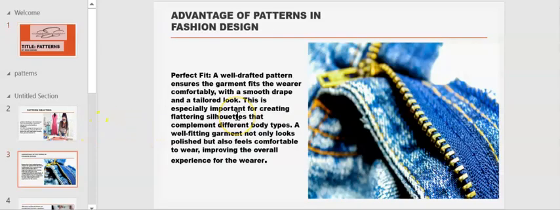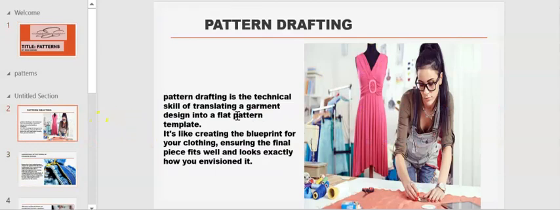So what do we say? What is pattern drafting? Pattern drafting is the technical skill of translating a garment design into a flat pattern template. It's like creating a blueprint for your clothing, ensuring the final piece fits well and looks exactly how you envisioned it.